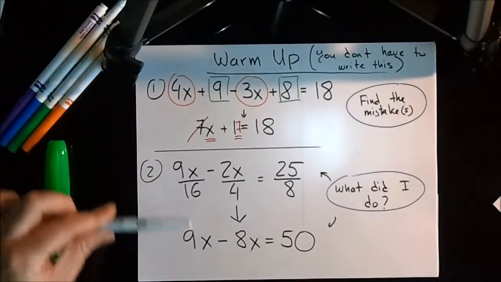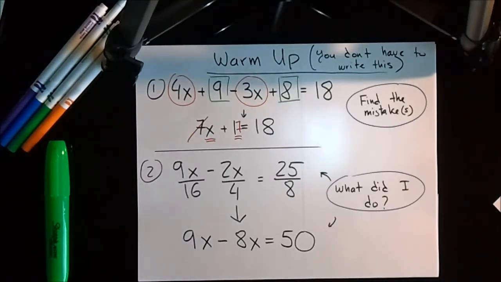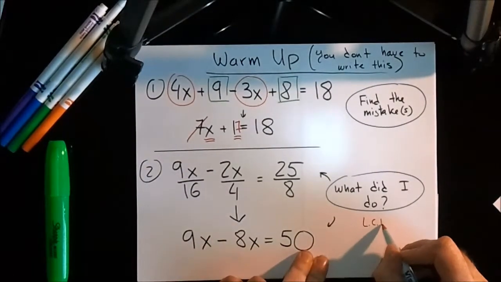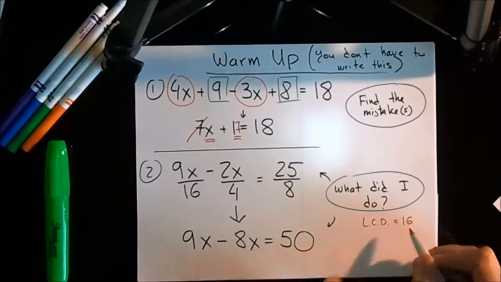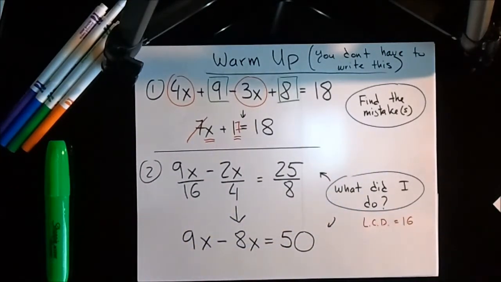I obviously got rid of the denominators, but how did I accomplish this? I found the LCD, which in this case is 16, one of the denominators. 16 goes into 16, 4 goes into 16, 8 goes into 16. And then my next step was to multiply both sides, or in this case every single term, by 16.